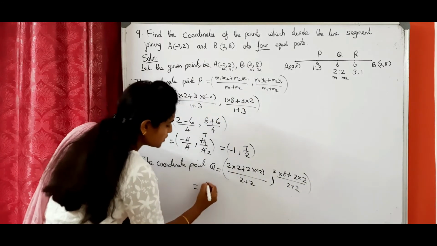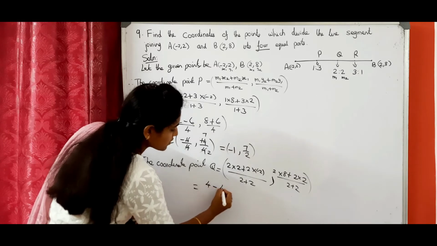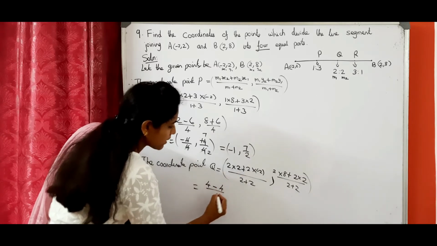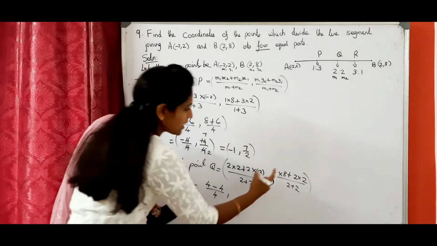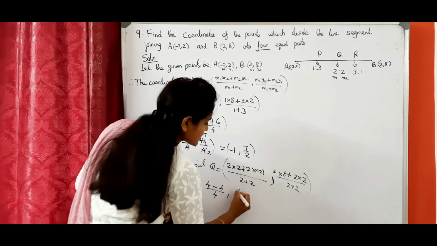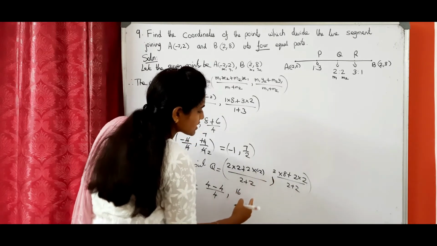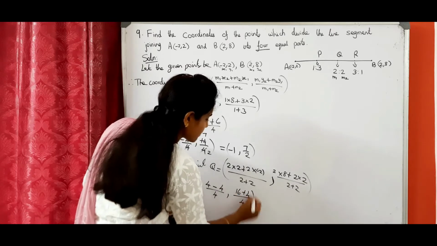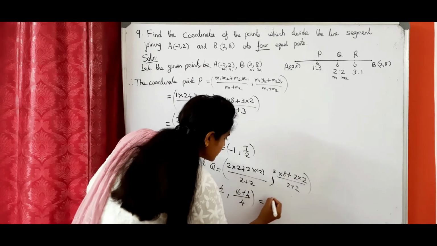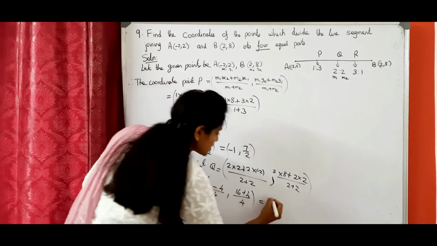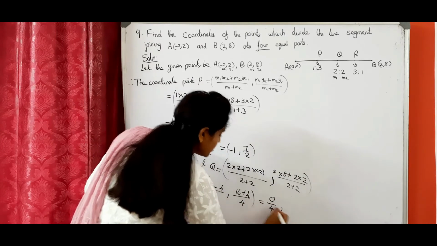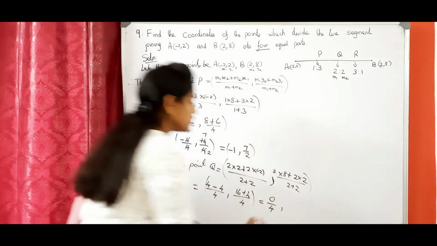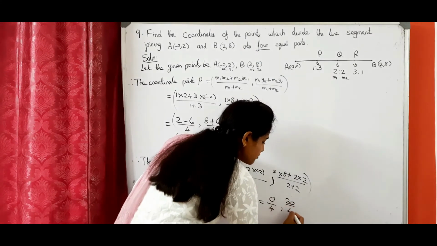Here 2 into 2 is 4, minus 4, divided by 2 into minus 2, minus 4, divided by 4. Then 8 twos are 16 plus 4, 16 plus 4 divided by 4. Listen here: 4 minus 4 is 0, 0 divided by 4, comma, 16 plus 4 is 20 divided by 4.